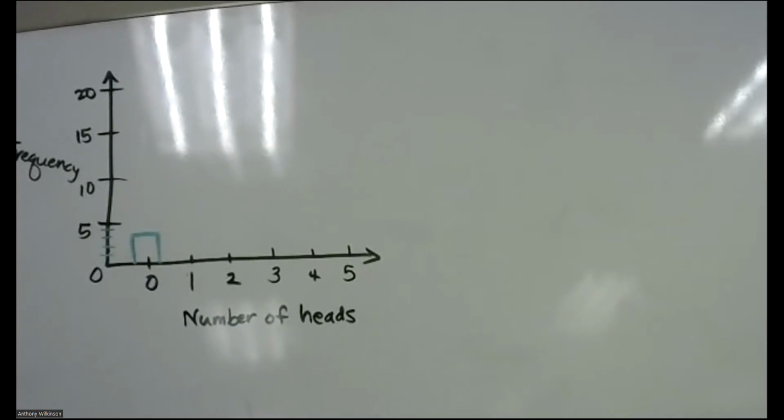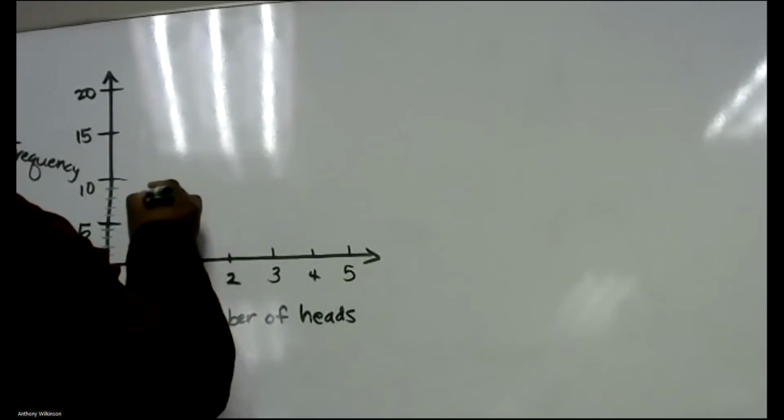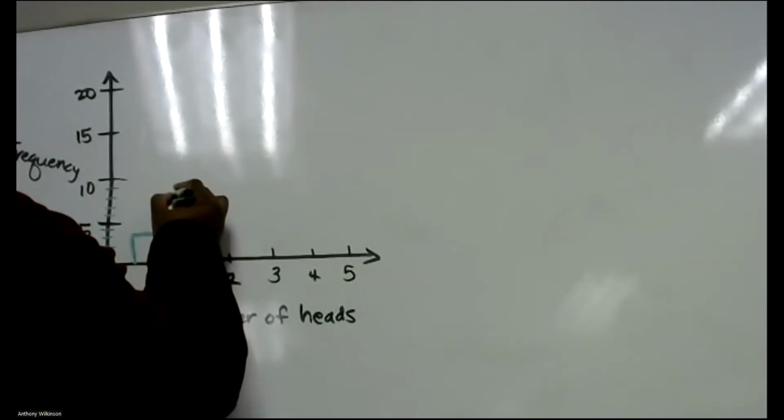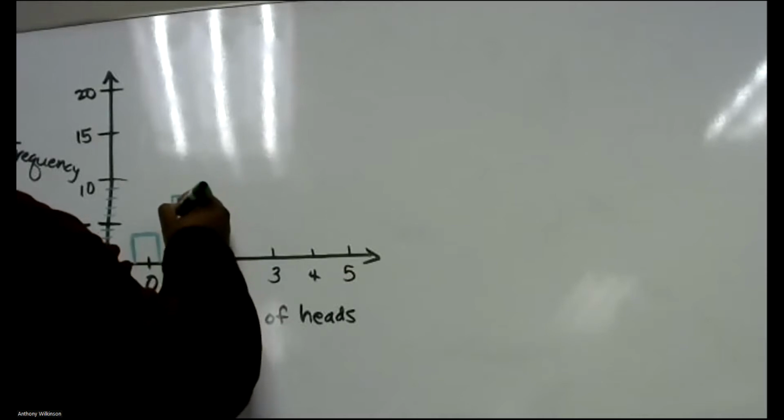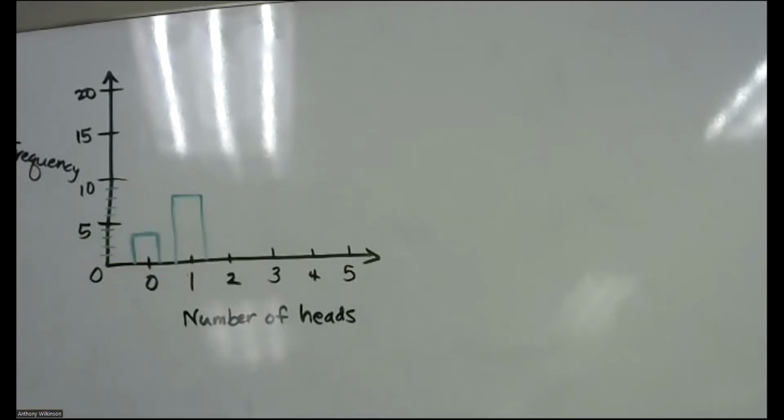And then for 1 head, that frequency was 8. This is out of 5 coins, by the way. Let's say 8 is about right here. Now, since this is a bar graph, these bars are not going to be next to each other, because this is not a histogram, it's a bar graph. Okay.